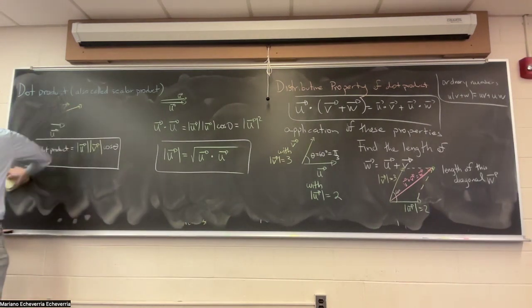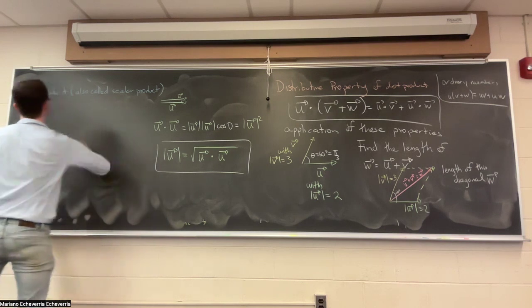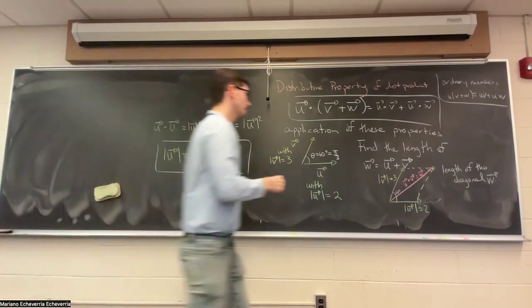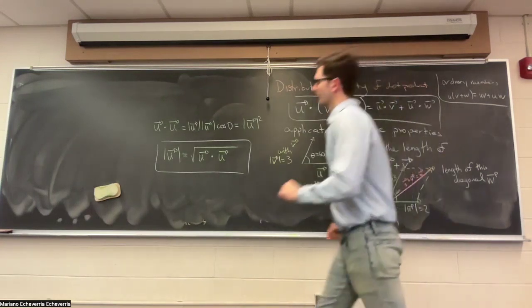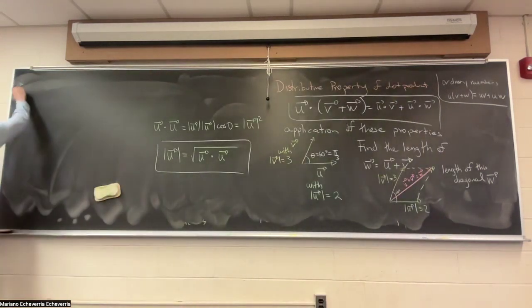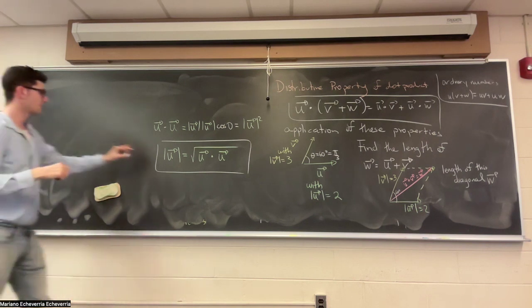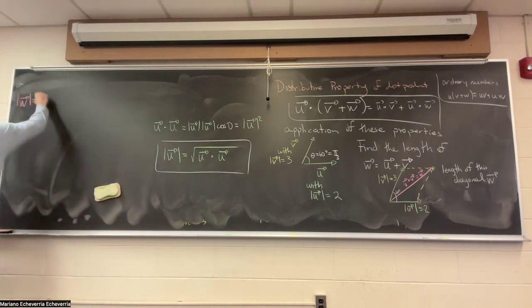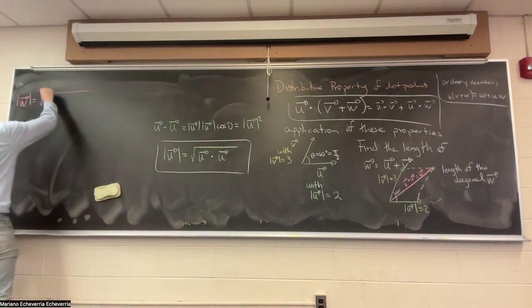So what I'm saying is that the length of a vector is the square root of the dot product of the vector with itself. That's important to remember.